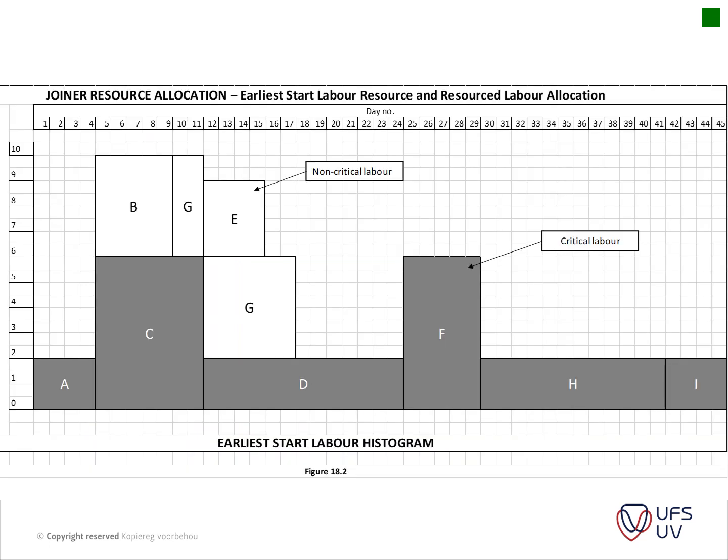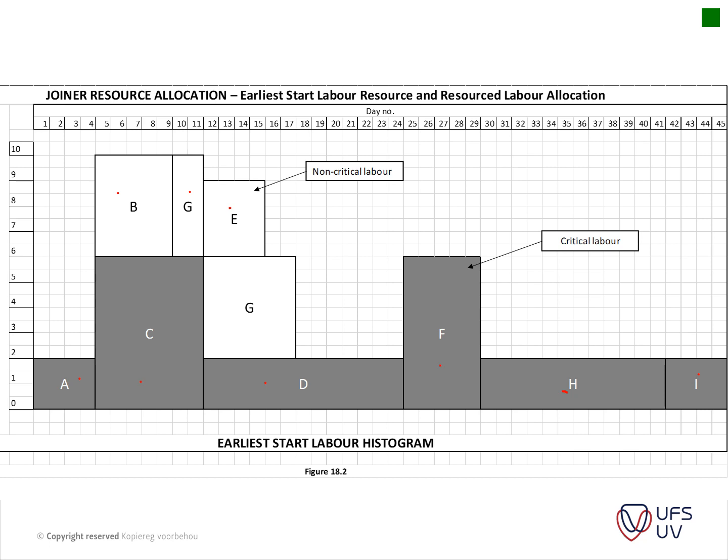So looking at figure 18.2, this is basically the histogram, just showing the amount of laborers that you need. A, C, D, F, H is the critical labor, whereas you have B, E, and G, which continues through here, which gives you the non-critical labor items.